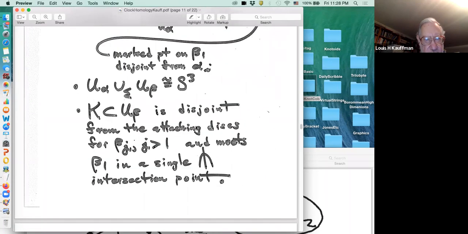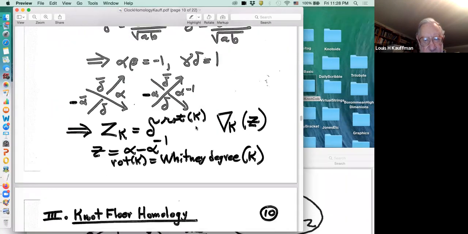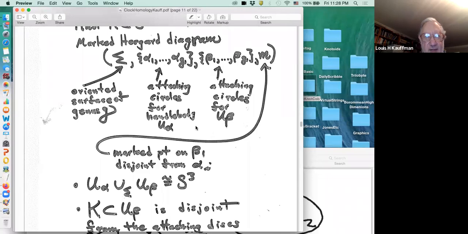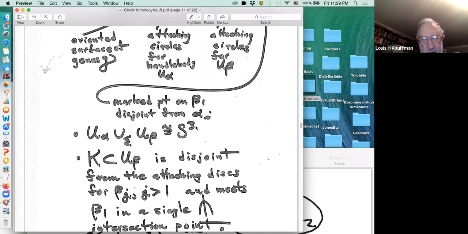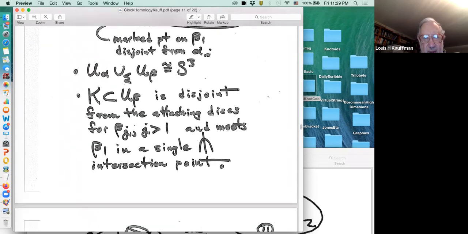So their prescription reads like that, but more generally, you choose a marked Heegaard diagram, some surface of some genus. There are the attaching circles for one handle body, the attaching circles for the other handle body, and a marked point on one of these. And then it's given that when you put everything together, you get the three-sphere.